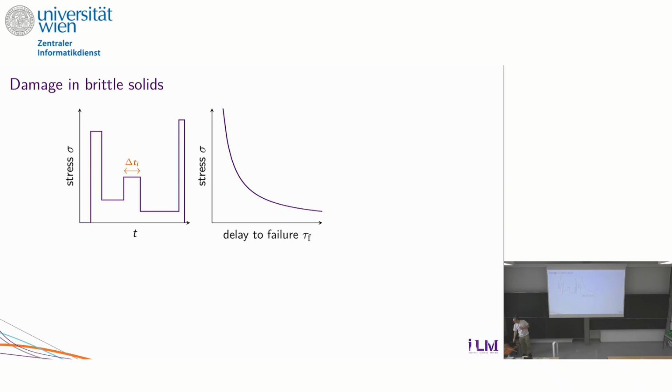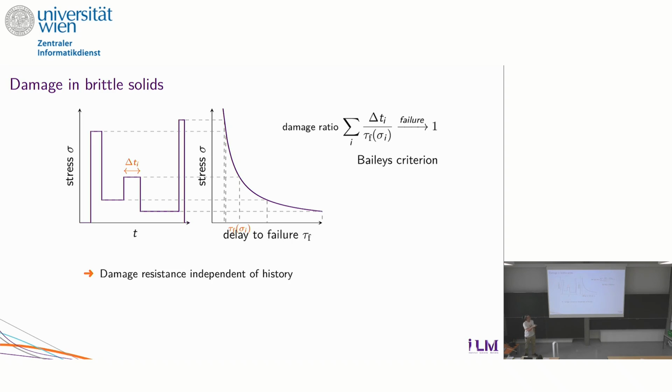And more generally, if you apply a different stress history on that material, you can just sum up those ratios of the time over which you apply the stress by the failure time you would have on a pristine material at the same stress.